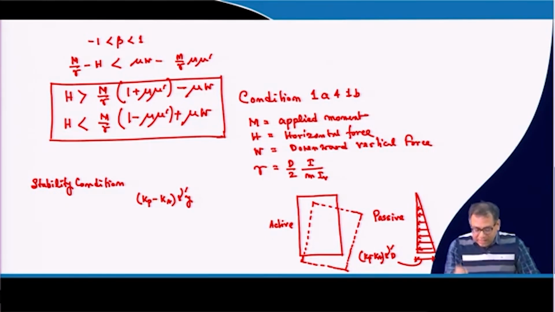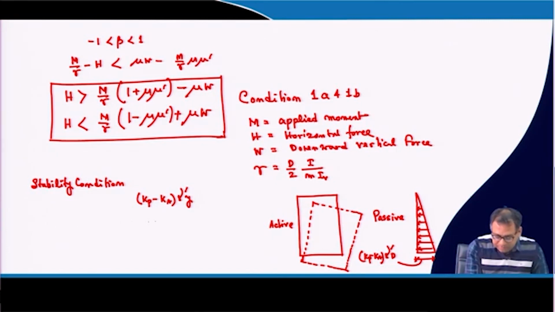And in the previous analysis, that means Terzaghi's analysis, the Kp and Ka were the Rankine earth pressure coefficients, but here they are Coulomb's earth pressure coefficients.